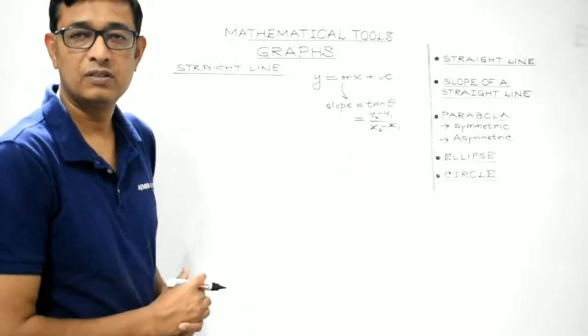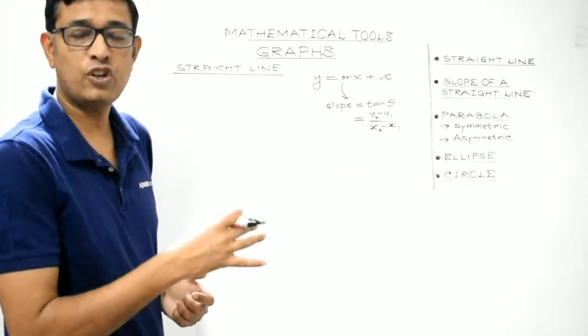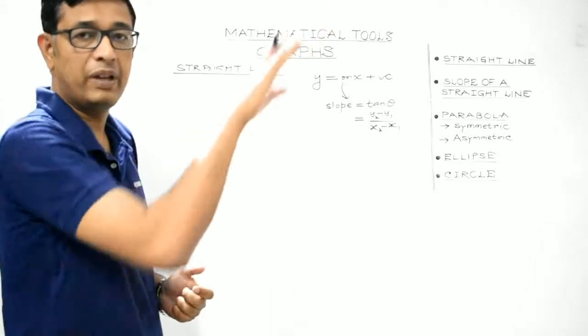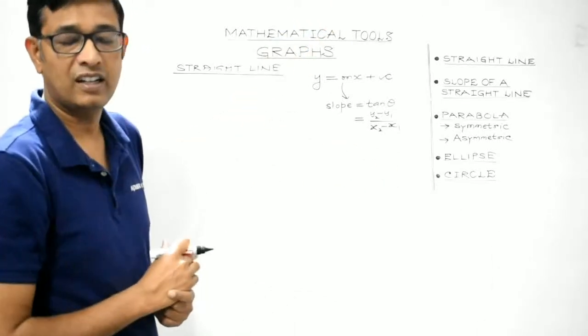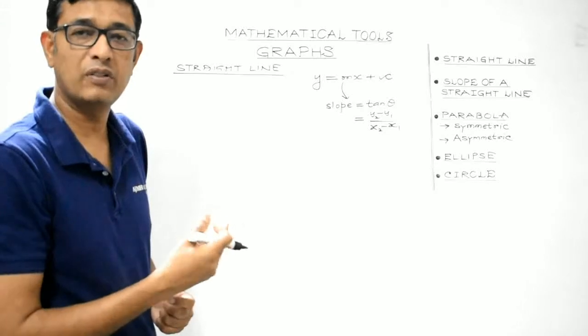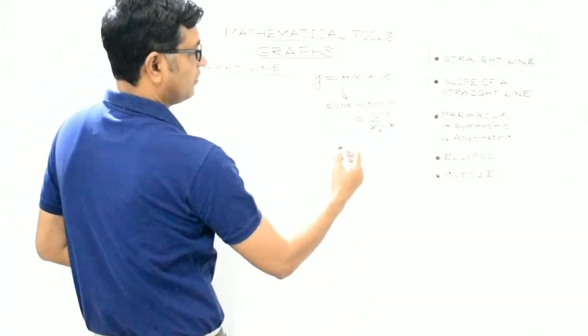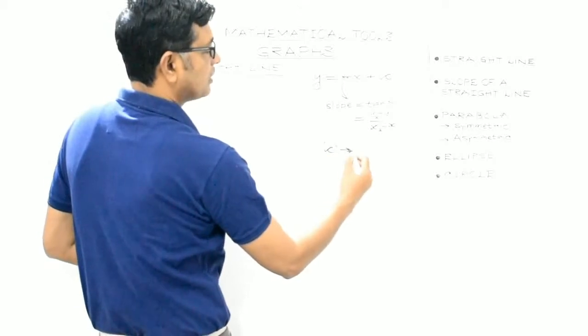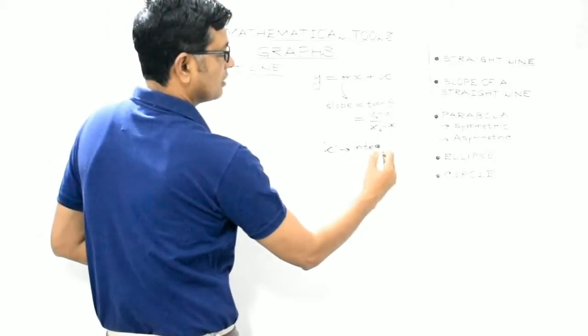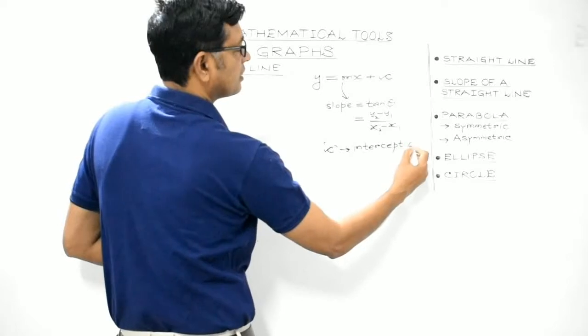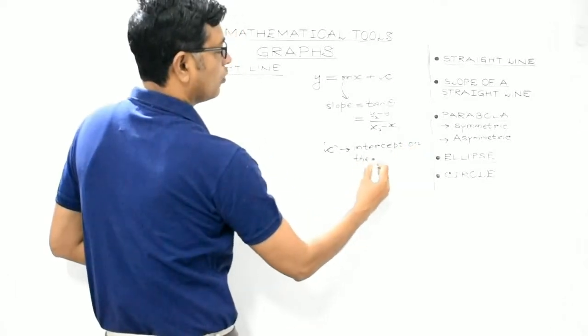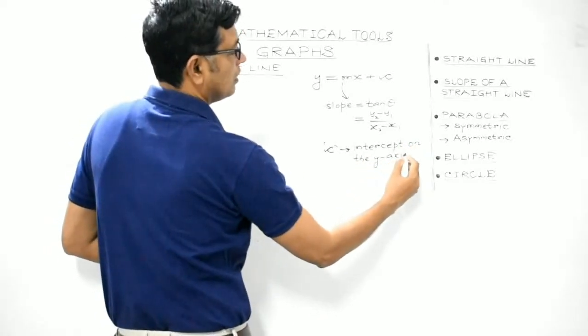So slope represents the tangent of the angle which the line makes with the horizontal, and it is given by (y2 minus y1) divided by (x2 minus x1). And students, the c represents the intercept on the y-axis, right?